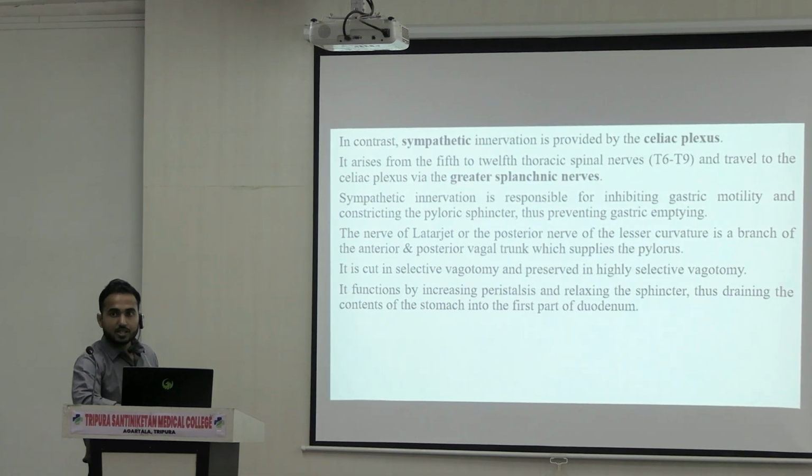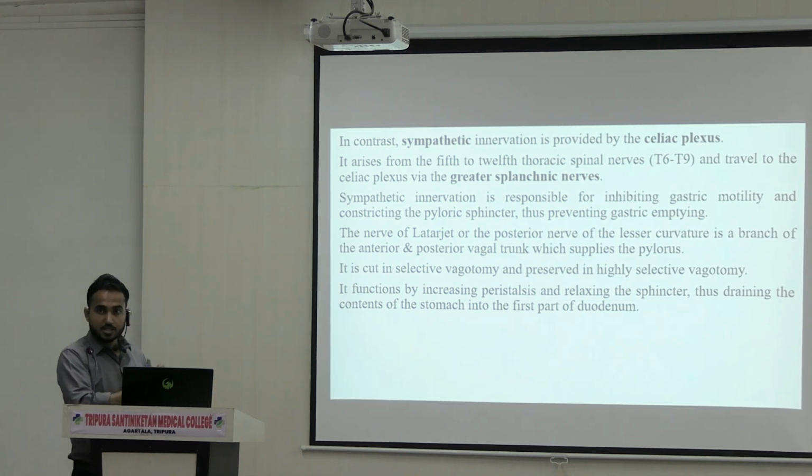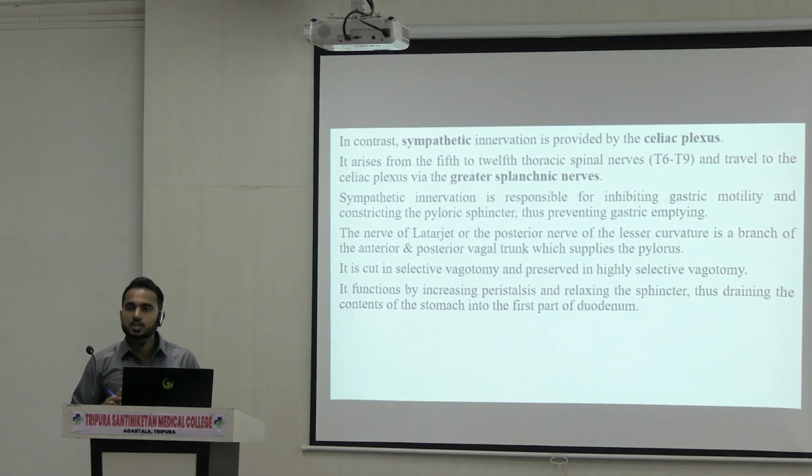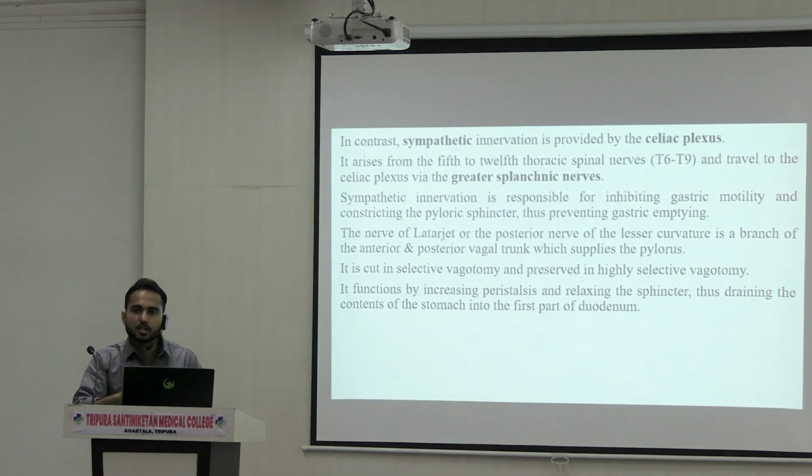So this particular nerve is cut at the time of vagotomy. Now it functions by increasing peristalsis, relaxing the sphincter, and thus draining the content of the stomach into the duodenum. So this is the main function of the lateral jet. Now the question is, when the nerve has such an important function, why do we have to cut that particular nerve?